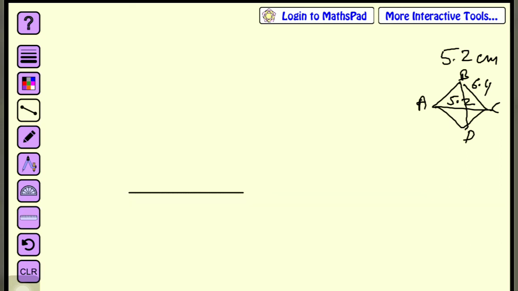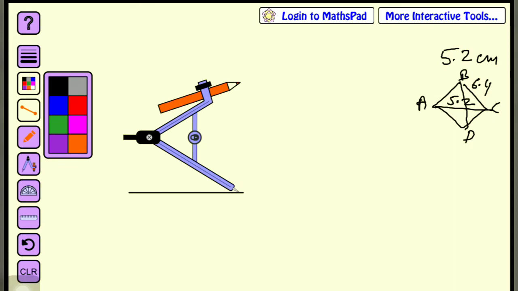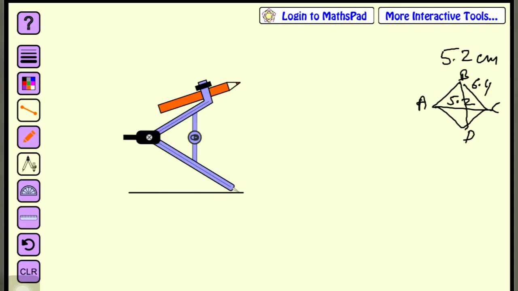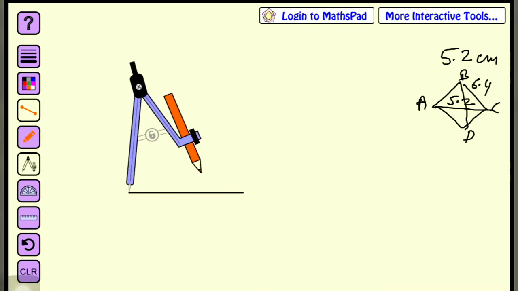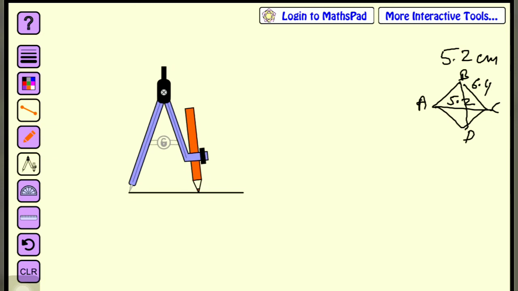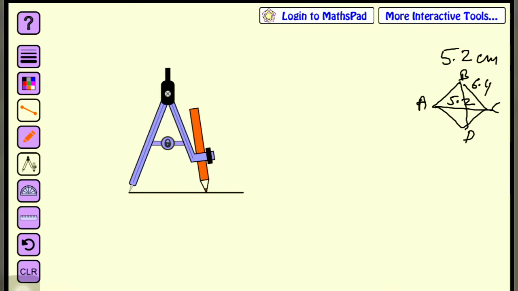Now this time we will try to construct a perpendicular bisector of it. So we will use the compass and we will place it over here. We will take the radius of the arc to be constructed approximately more than half of this line.